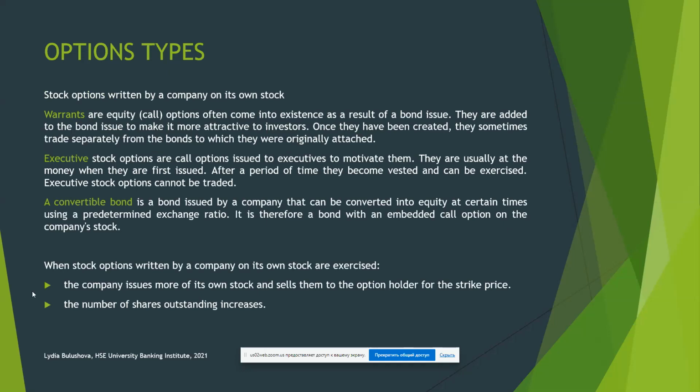So there is a list of specific option types. It's just a new page in your glossary. So here we are talking about exchange traded equity options, so stock options, equity options.